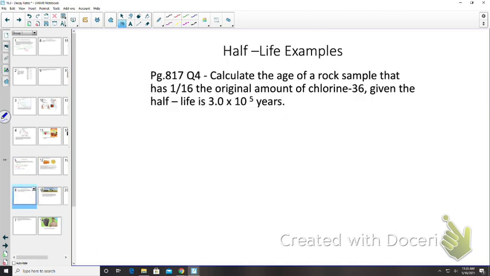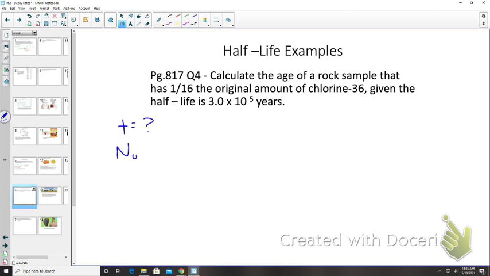Calculate the age of a rock sample that has 1/16 the original amount of chlorine-36, given the half-life is 3 times 10 to the 5 years. So we are trying to find the time that has elapsed.